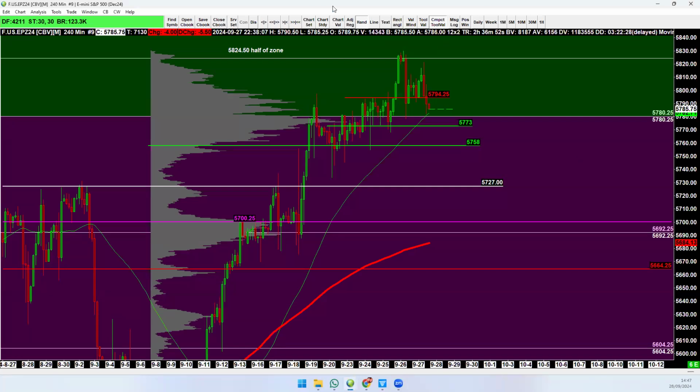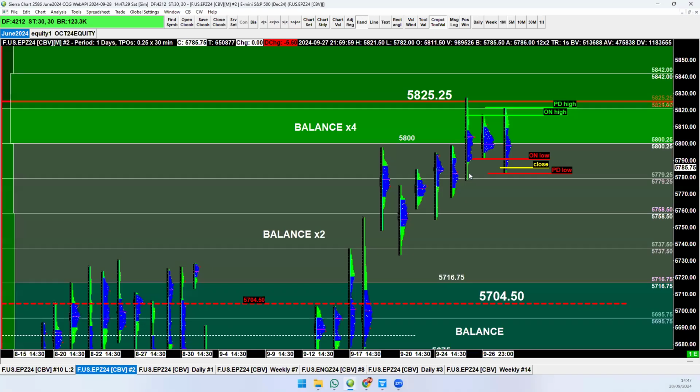Okay, now let's go take a look at our market profile chart, and you'll see that 57.58 area is right here. There's that 57.80 area that we were talking about on the candlestick chart. It's right there. But you can see that the general chunk of the short-term inventory is above 58.